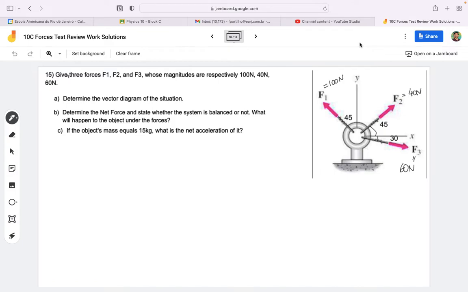In this case, all of them are off the x-axis and y-axis. So we're gonna resolve them into components, and then determine the sum of the forces on the x-axis to determine the x component of the net force.